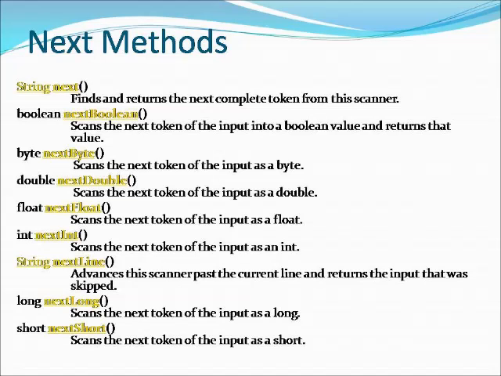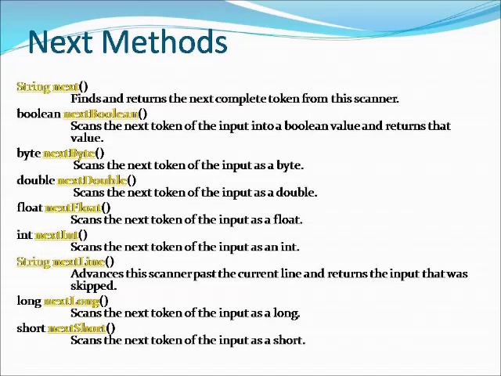Here you can see the next methods, that is, the methods under the Scanner class. These methods are called the next methods. They are self-explanatory. The first method is named string next.